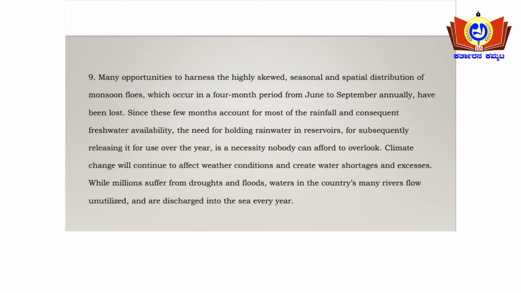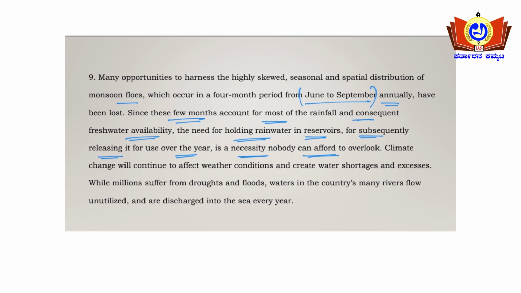Many opportunities to harness the highly skewed seasonal and spatial distribution of monsoon flows, which occur in the 4-month period from June to September annually, have been lost. See here, it's telling that the opportunities to harness have been lost. Since these few months account for most of the rainfall and consequent freshwater availability, the need for holding rainwater in reservoirs for subsequently releasing it for use over the year is a necessity nobody can afford to overlook.